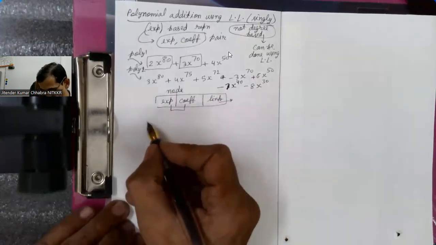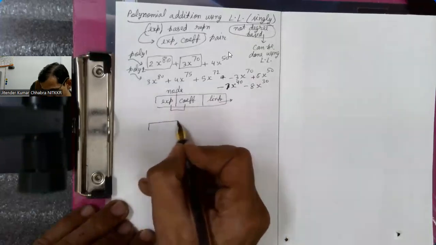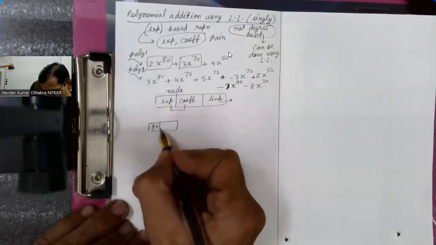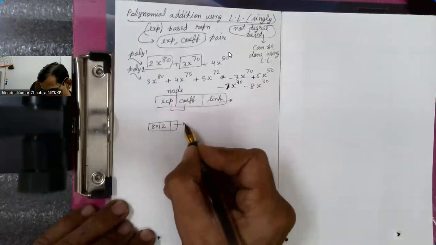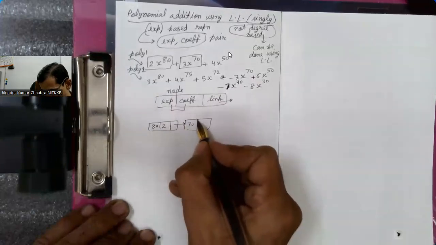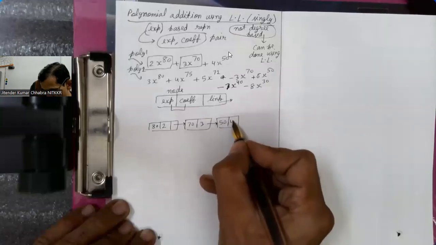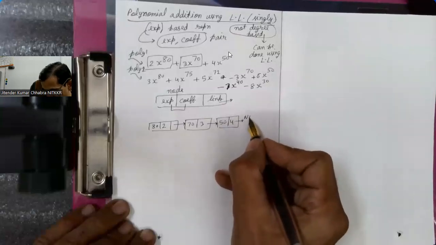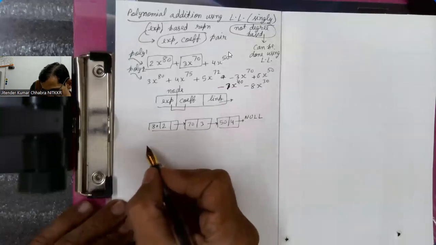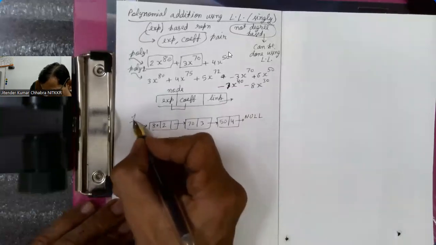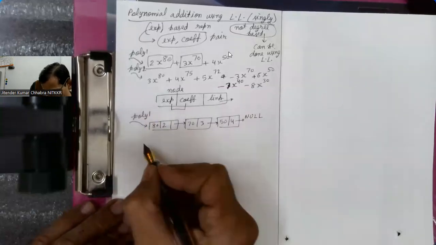So my polynomial 1 becomes 80 and 2 as the first term, 70 and 3 as the second term, 50 and 4 as the third term, and then the list ends.